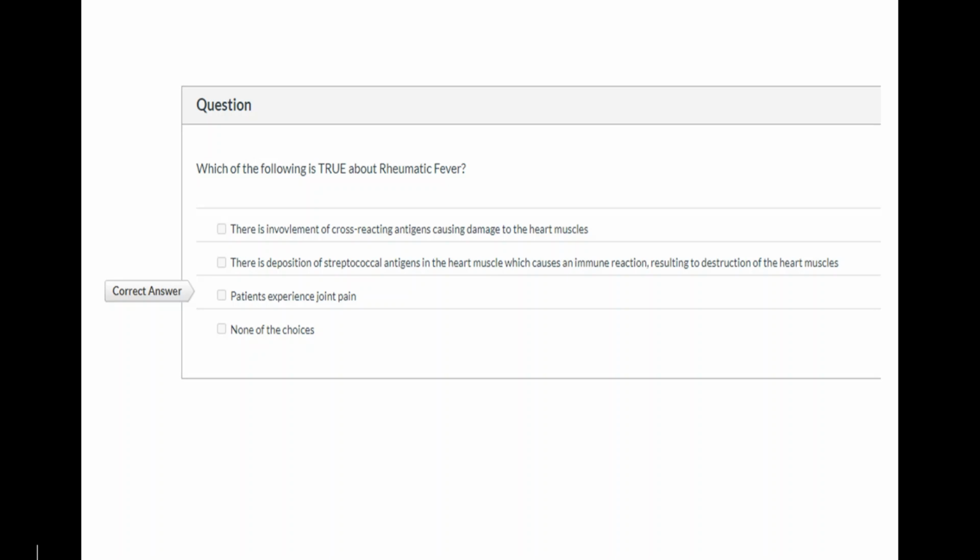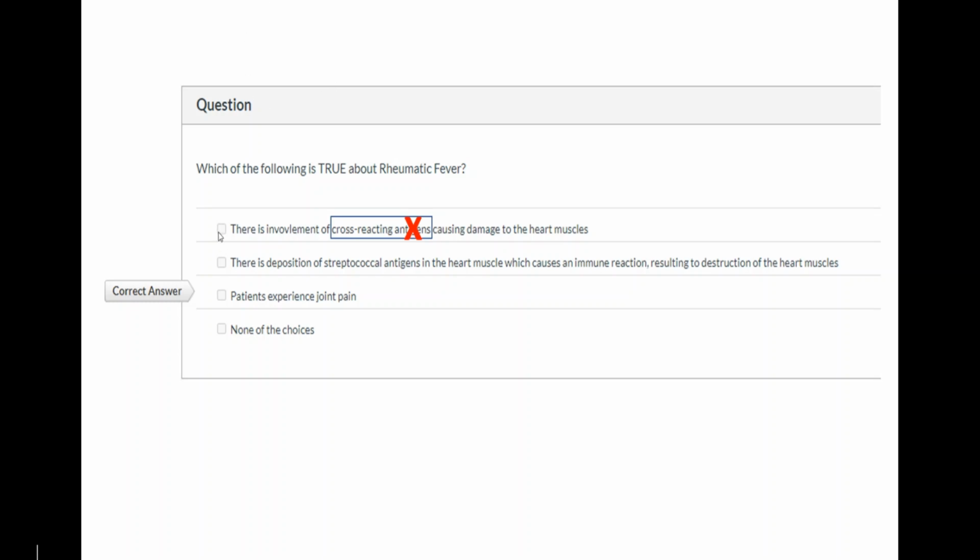Which of the following is true about rheumatic fever? Rheumatic fever is a post-streptococcal sequela. In rheumatic fever, there is involvement of cross-reacting antigens. This choice is not the correct answer because in rheumatic fever, what is involved is cross-reacting antibodies, not cross-reacting antigens.